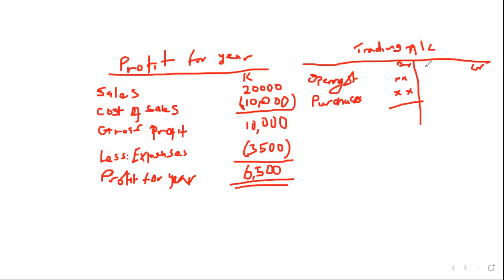For the closing stock, you are not going to put it on this side, because if you put the closing stock here, it means you are increasing the cost of sales, but you have not sold the stock which is remaining for the next period. So why should you add it to the cost of sales? Here you are just interested in the opening stock and the additional purchases that you have made.